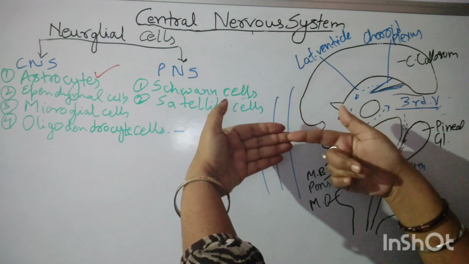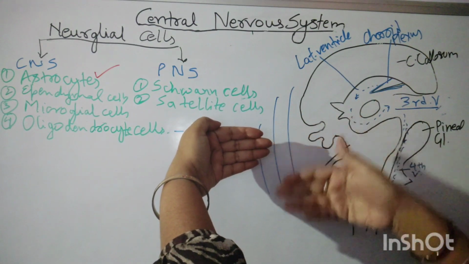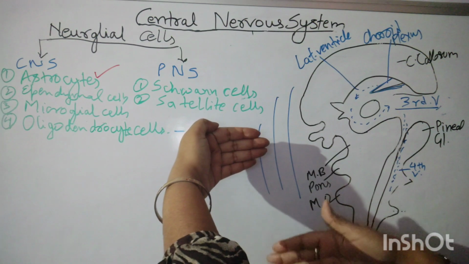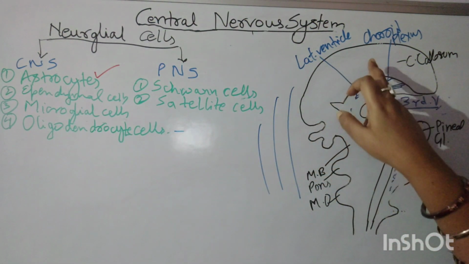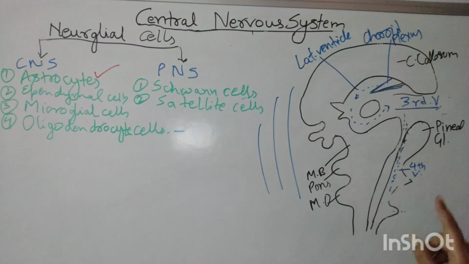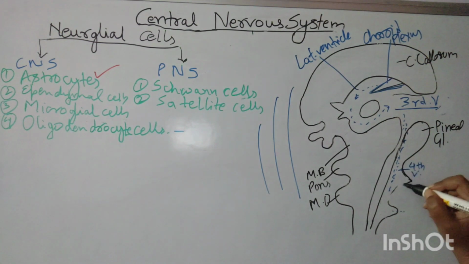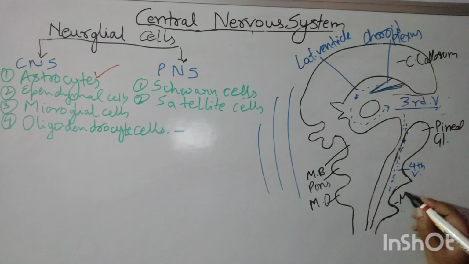Lateral means this is all lateral, and in the middle there is a third ventricle, and the continuation, the descending part, is the fourth ventricle. So we have seen in the last lecture, this is the lateral ventricle, this is the third ventricle, and this diamond shape is our fourth ventricle, and this is a median aperture.